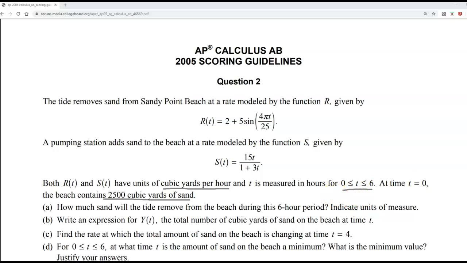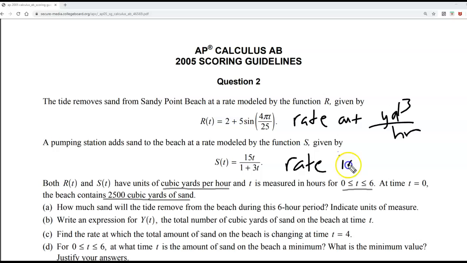All right. So before I begin answering the problem, though, I just want to interpret all of our stuff here. So this is our rate out, and it's in cubic yards per hour. And this is our rate in of sand, and that's in cubic yards per hour as well.